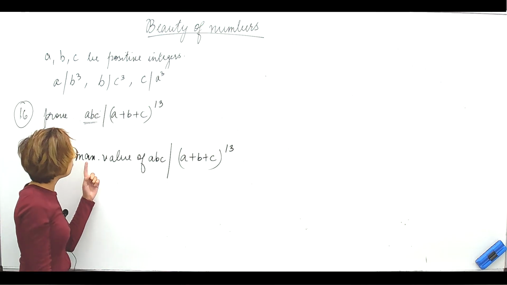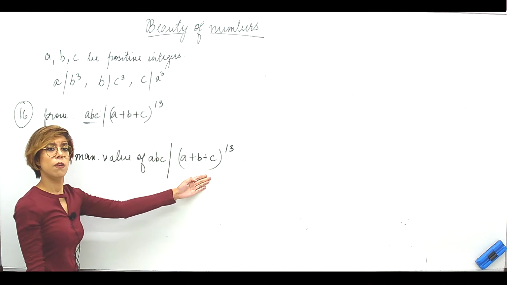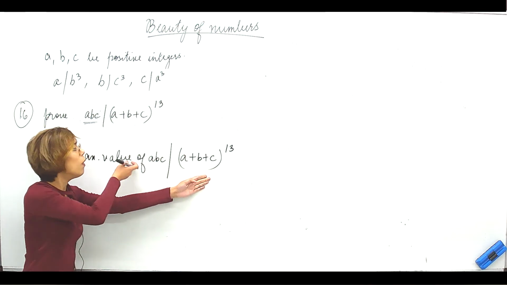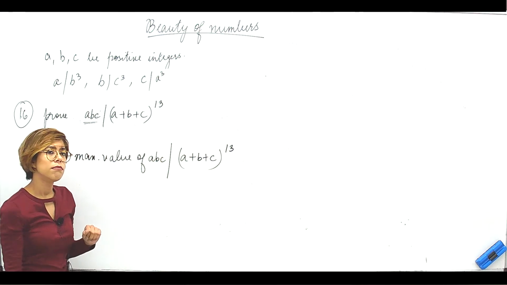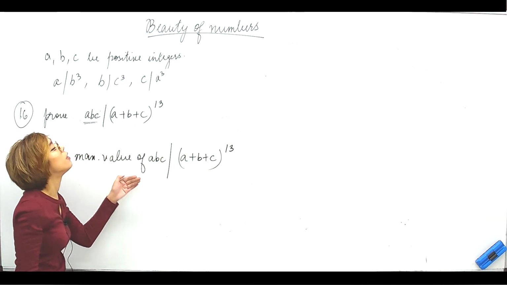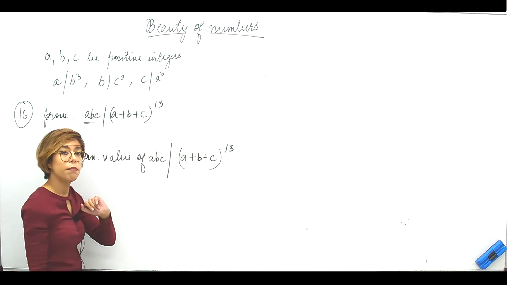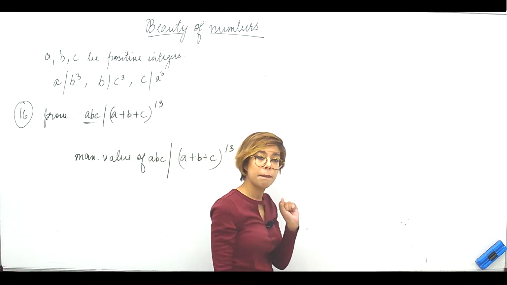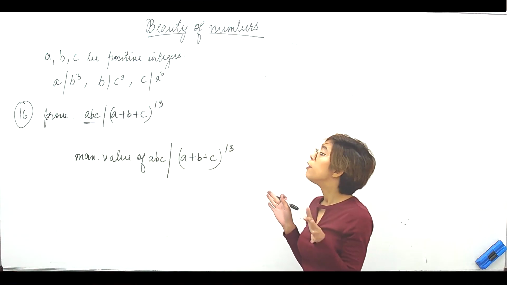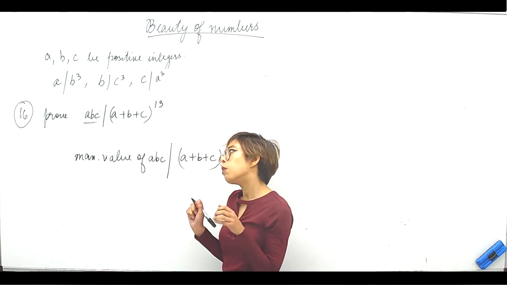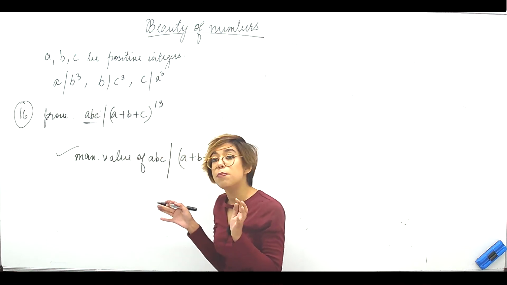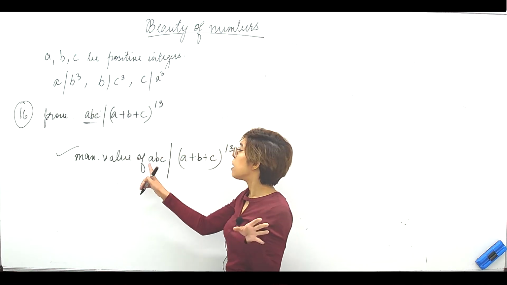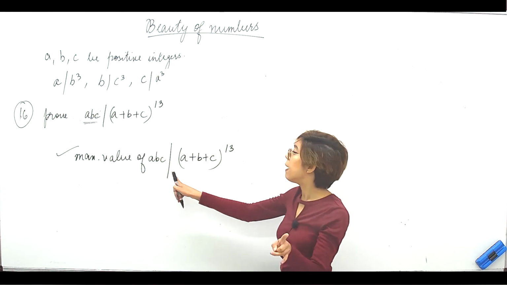So if I am able to prove the maximum value divides, can't I say that anything lower than the maximum value will definitely divide it, right? Let me prove that the maximum value divides this thing. So I have modified my question to this. I will prove that whatever the maximum value of ABC is, it will definitely divide this quantity.